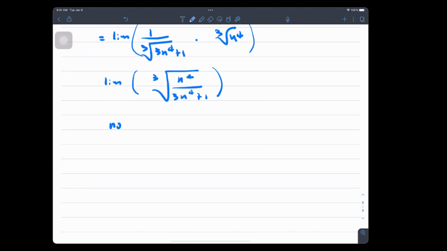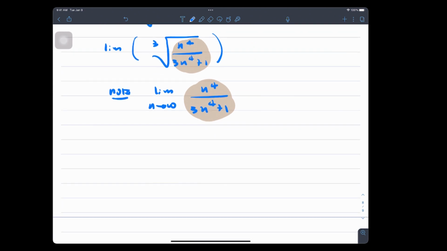Now note, I got to take the limit of what's under this radical, the limit of n to the 4th over 3n to the 4th plus 1. Right? And we're going to do the calculus 1 approach.